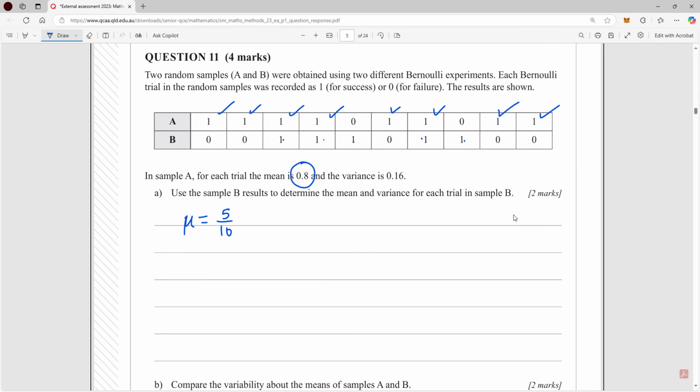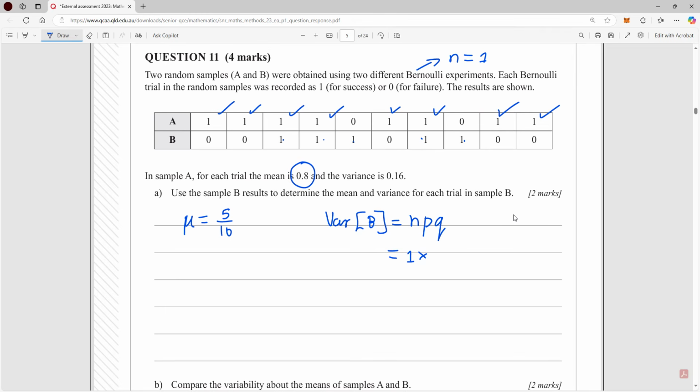Now, Bernoulli means a binomial but n equals 1. So when we're calculating the variance for B, usually it's npq. P is the probability of success and q is the probability of failure. n is the number of trials. In this case there's only one trial because it's a Bernoulli, so we have 1 times the probability of success.